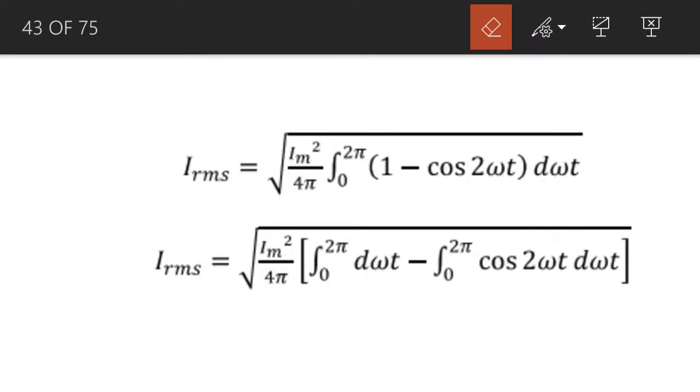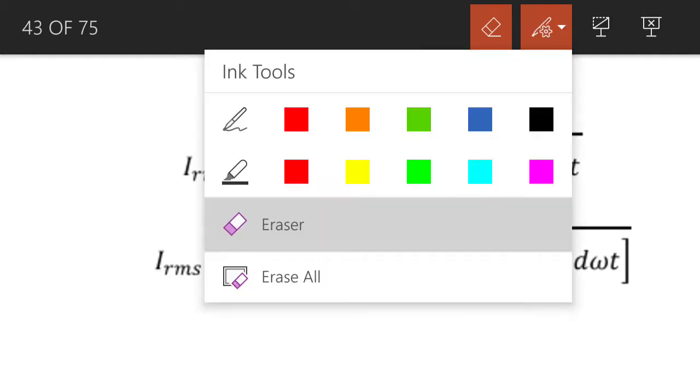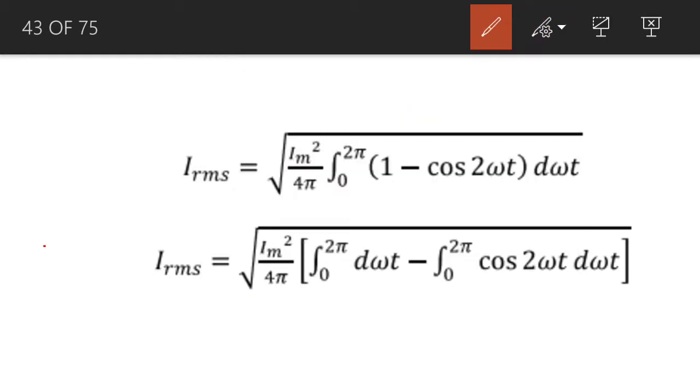The root mean square value of the alternating current will be equal to under root Im square by 4 pi, and we have the integration of the first term. The first term is d omega t. We integrate this term from 0 to 2 pi, then minus sign, and we integrate the second term.